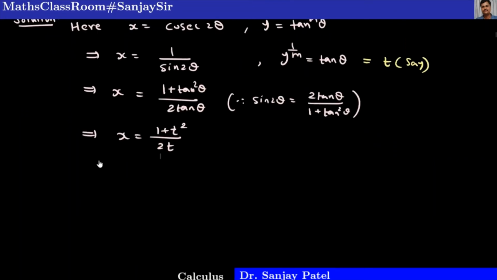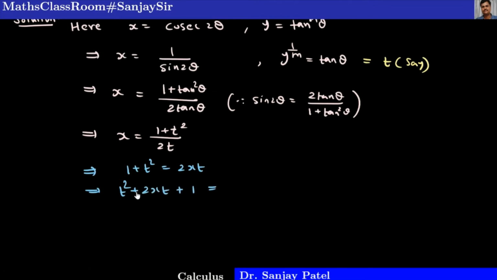Let us simplify this. This implies 1 plus t square is equal to 2xt, which we can rewrite as t square minus 2xt plus 1 is equal to 0.